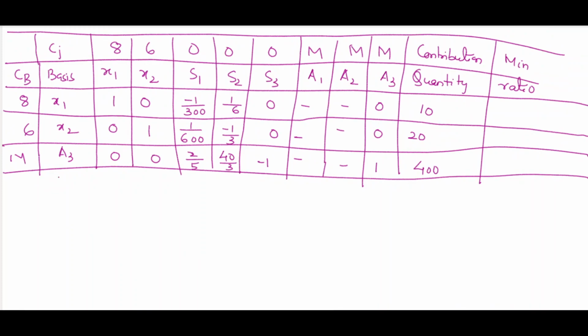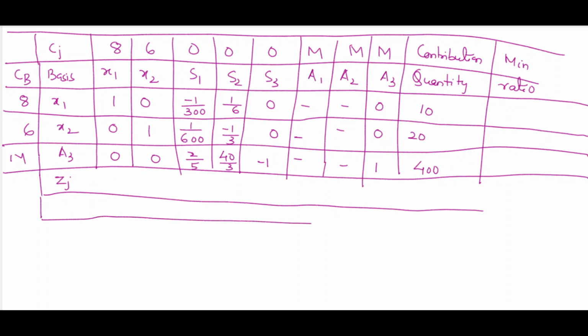So now again you will compute the usual process, ZJ and CJ minus ZJ. ZJ will be 8, 6, 0.